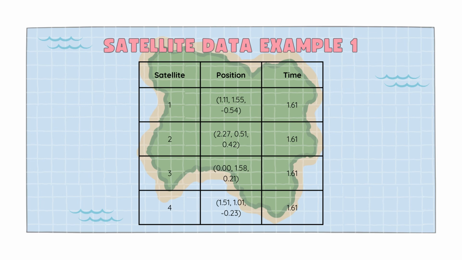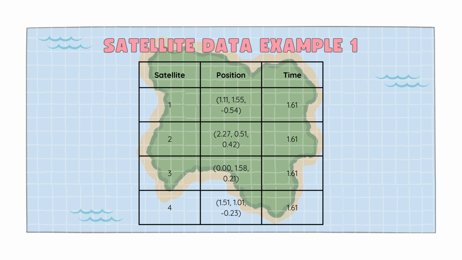Satellite 1 is at position X 1.11, Y 1.55, and Z minus 0.54. Satellite 2 is at position X 2.27, Y 0.51, and Z 0.42. Satellite 3 is at position X 0, Y 1.58, and Z 0.21.